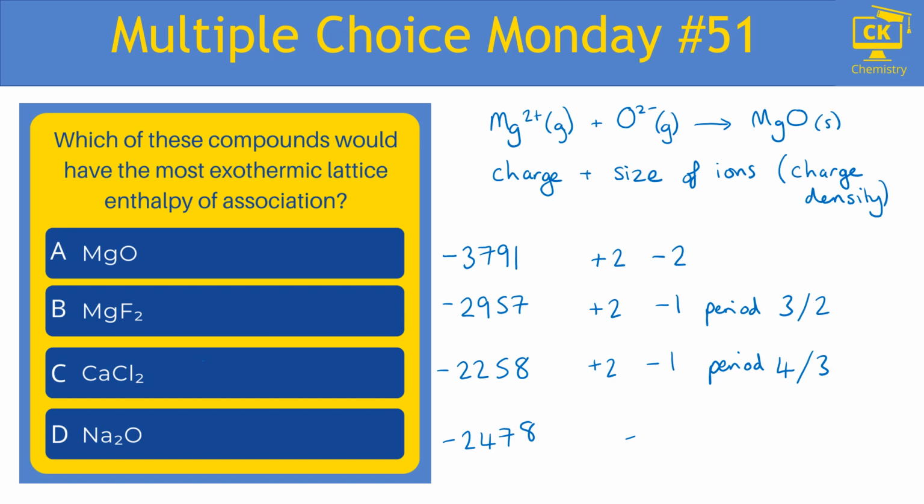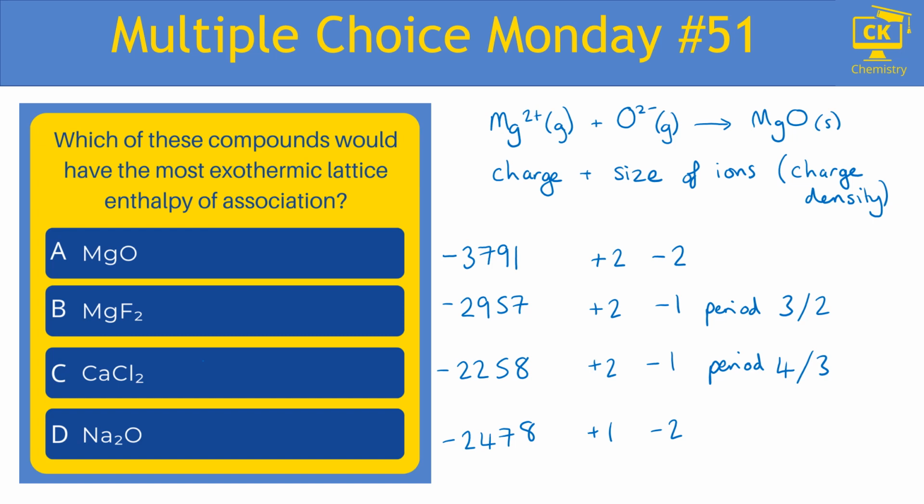Then if we look at sodium oxide, it's a little bit higher than the calcium chloride, and that's because we've got +1 but we've got -2, and the oxide ion has a very high charge density indeed, and so therefore we've got slightly stronger. So what we wouldn't be expected to do, for example, in a question, we wouldn't be expected to compare C and D, because there's too many variables going on.